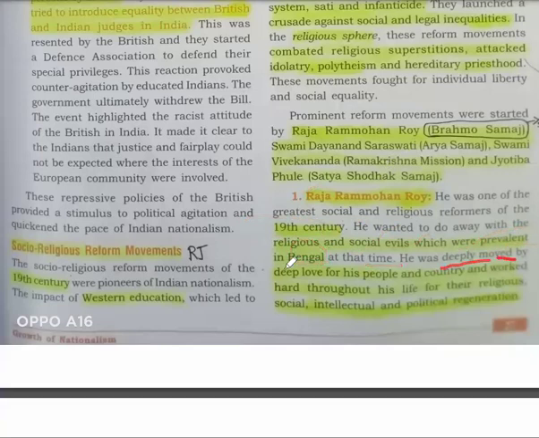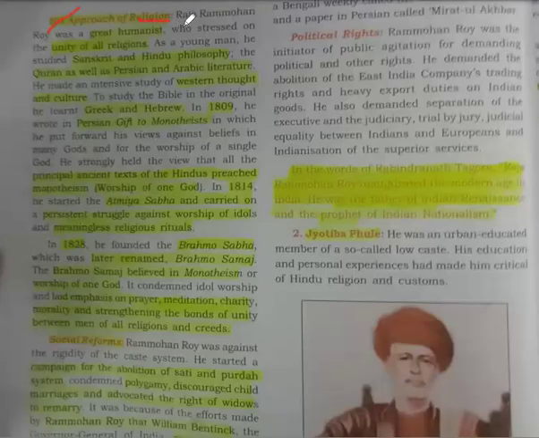He was deeply moved by the deep love for his people and country and worked hard throughout his life for their religious, social, intellectual, political regeneration. In his approach to religion, he was a great humanist, and he stressed on the unity of all religions.